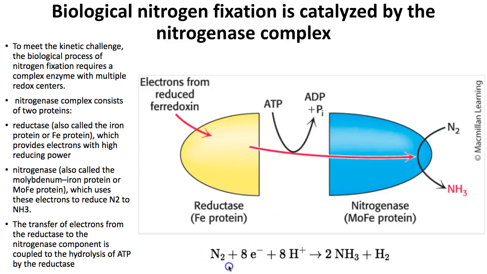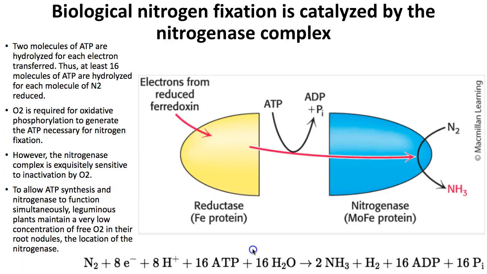This reaction, which is written down here, requires 8 electrons in order to happen. Also, looking at this reaction listed at the bottom, remember this is an ATP hydrolysis type of reaction to carry the electrons over to the other protein.